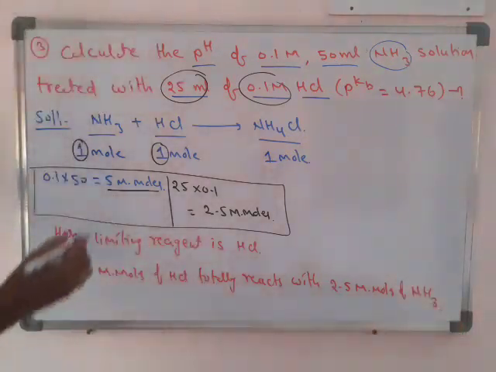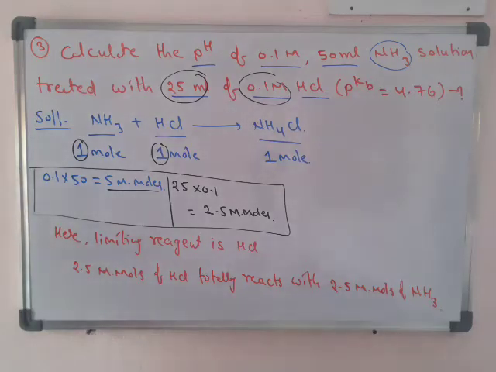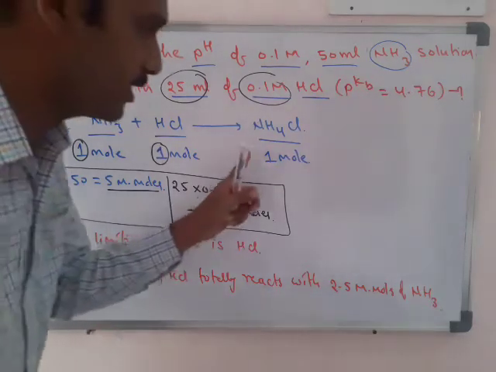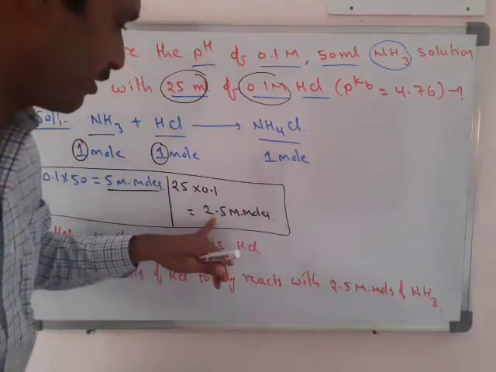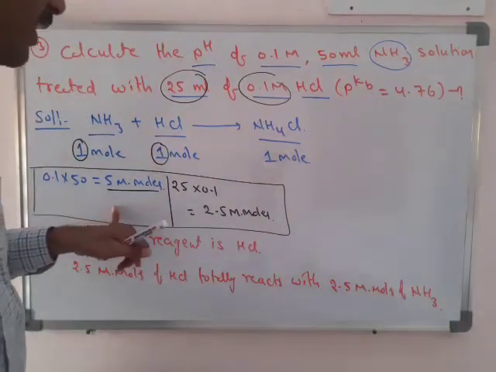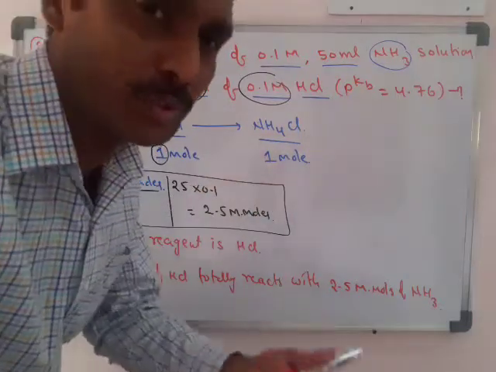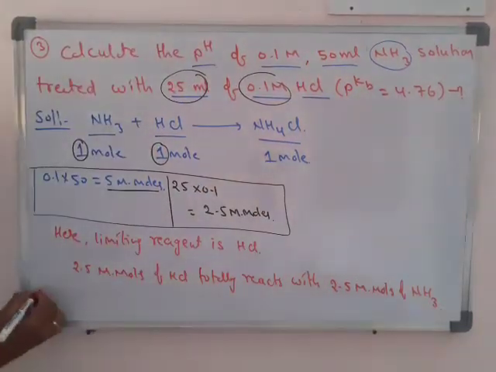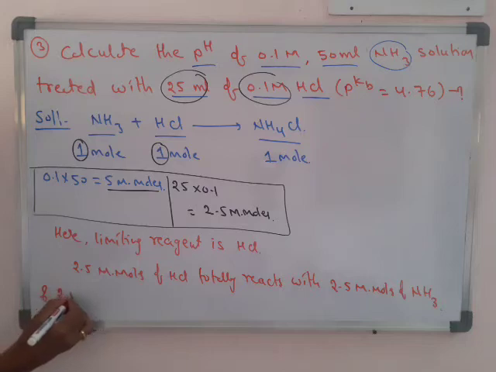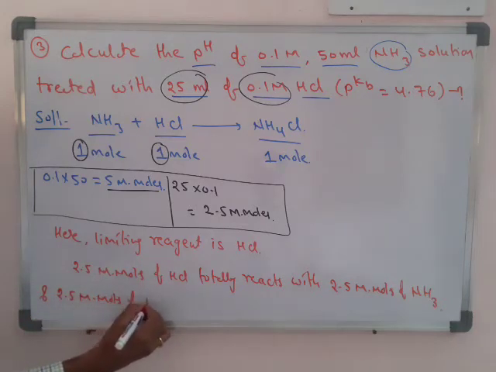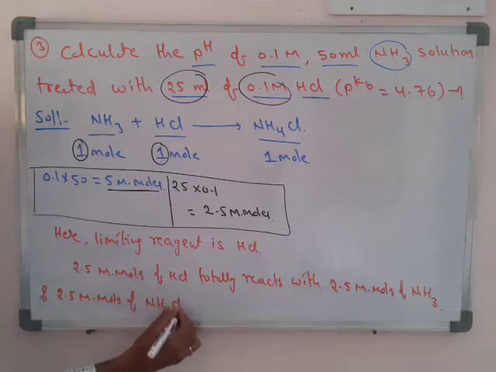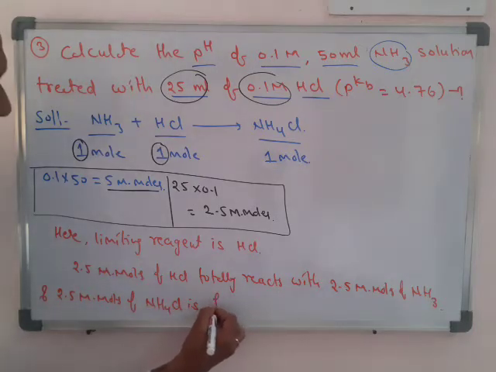Then what about the product? It is also 1:1:1 ratio. 2.5 millimoles of reactant forms 2.5 millimoles of ammonium chloride. So 2.5 millimoles of ammonium chloride salt is formed.